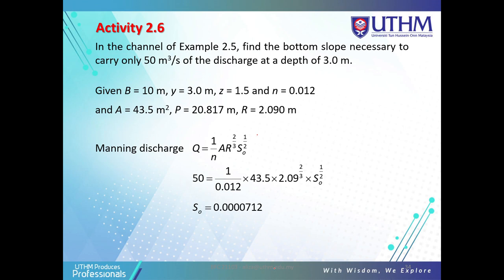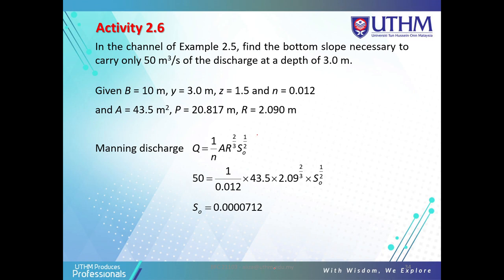In this case, activity 2.6 uses the same parameters as example 2.5, but they give you the value of Q, the discharge. So you use the Manning velocity to get the velocity, but you use the Manning discharge Q to find the bottom slope S naught.